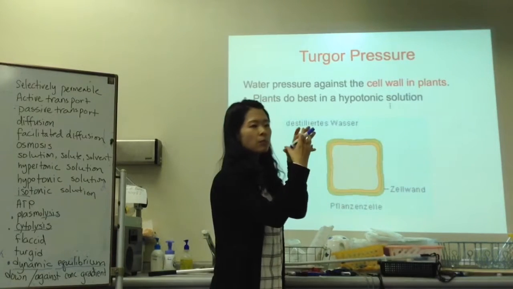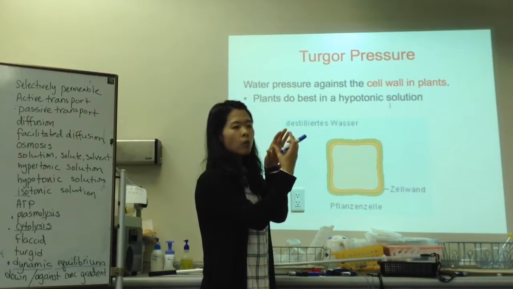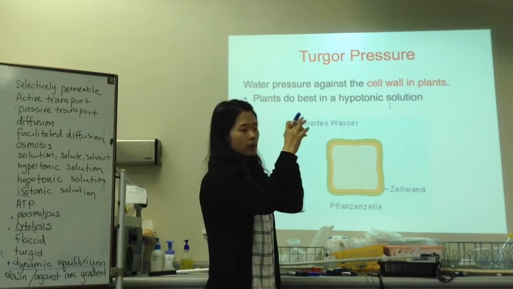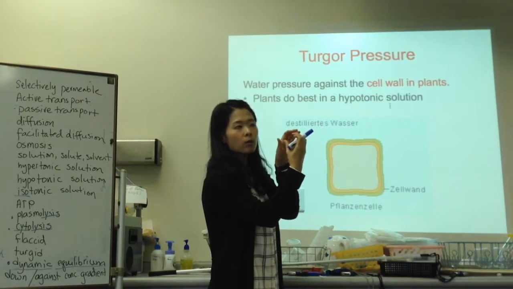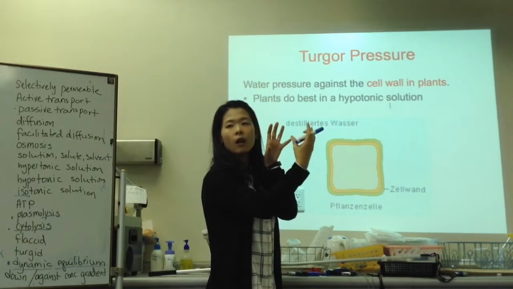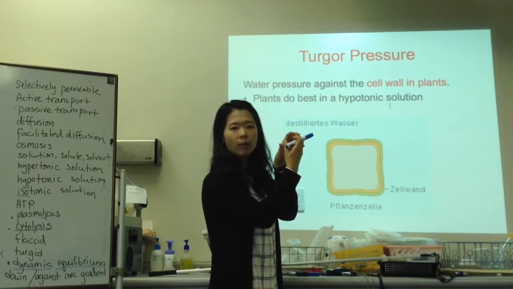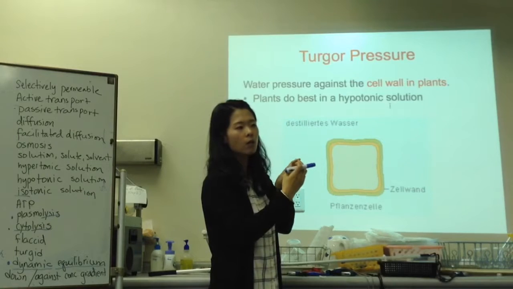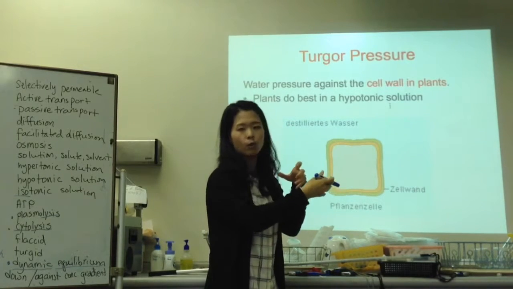So the cell membrane expands or shrinks, but it won't rupture because the wall protects it, and it will shrink, but it can easily recover. It will shrink, lose water, and shrivel up, but because of the cell wall, it can regain its shape if you place it back into normal condition.